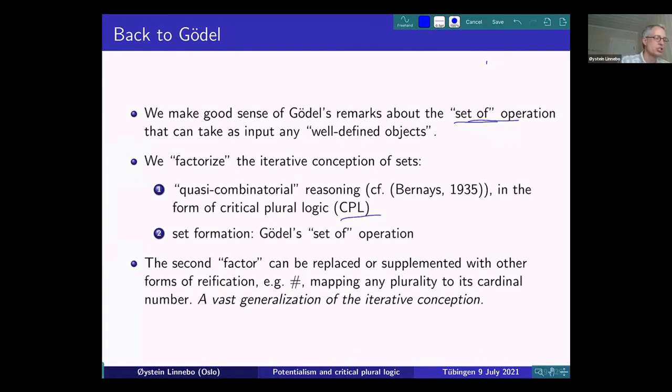And then the new objects come from the second factor, which in Gödel's case is the set-of operation. Right? So you have a single principle that generates the new objects, the sets, and then you have another package of principles that gives you the quasi-combinatorial power. And of course, this invites generalizations, since you can now take the second factor and either replace Gödel's set-of operation or supplement it with other principles.